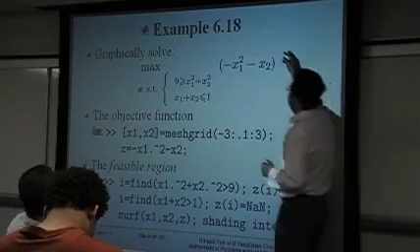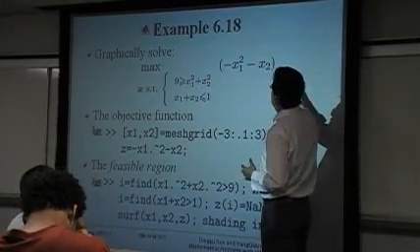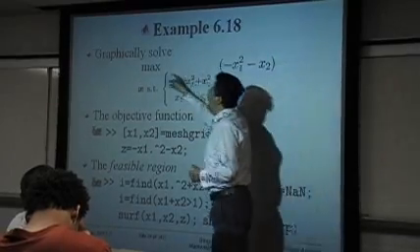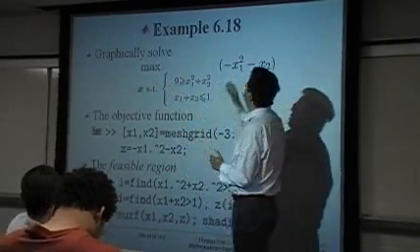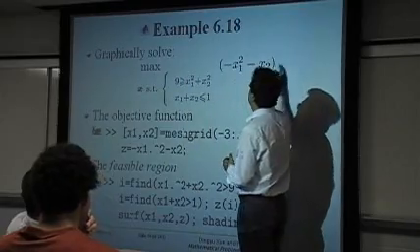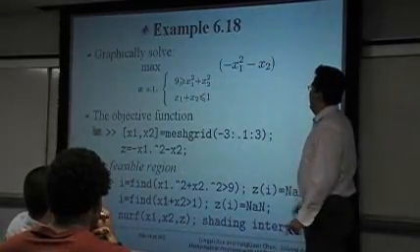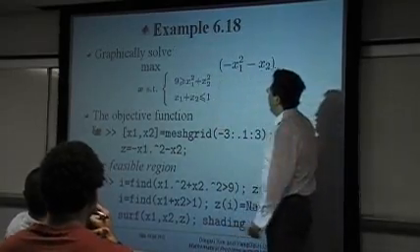For this problem, we can see that this is the objective function which should be maximized, and we should multiply it by -1 to change it to a min problem. And these are the constraints.